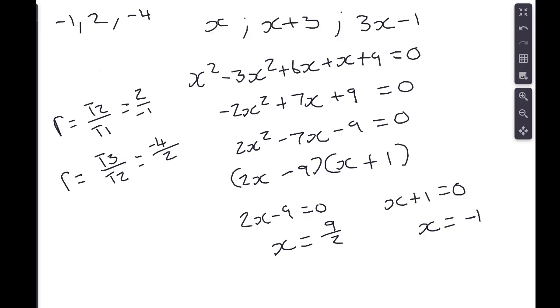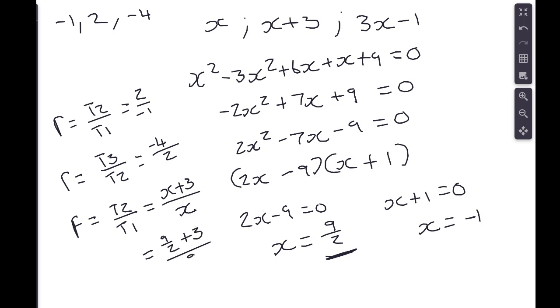So even though the values do give us the correct ratio, we are taking 9 over 2 as our preferred answer, and that will make the ratio term 2 over term 1 equal to x plus 3 over x, which would then equal 9 over 2 plus 3 over 9 over 2.